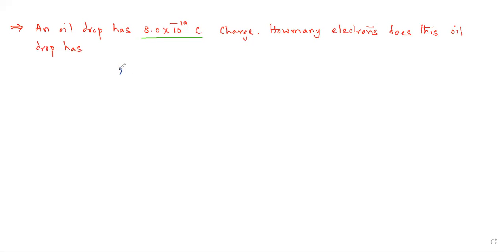According to Millikan's oil drop experiment, you know that Q is equal to N into E, where Q is the charge on oil drop.